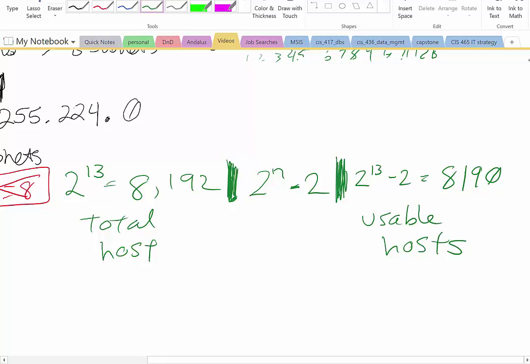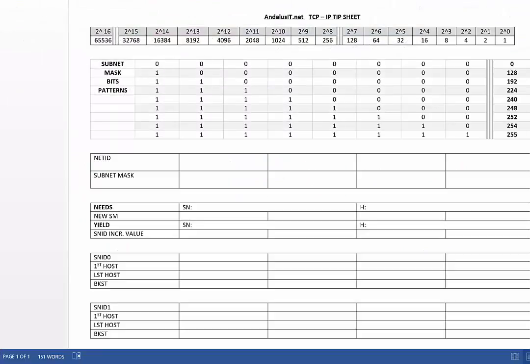All right, so if we go back to our TCP/IP cheat sheet, so the yield here in the subnet mask, you would put in 8, and in the host, I like to put both numbers there. So I will put something like total 8192, and then I'll put a slash and I'll say usable 8190, something like that. All right, now we have to look at the CIDR incremental value.